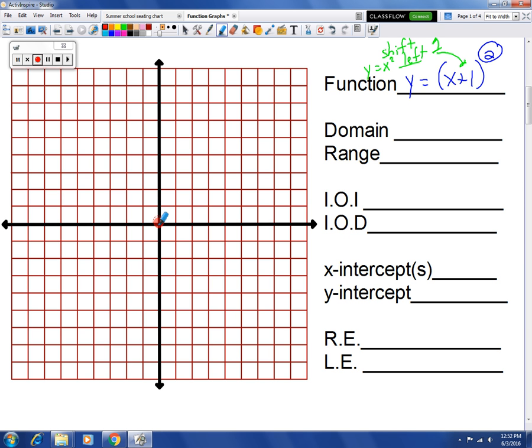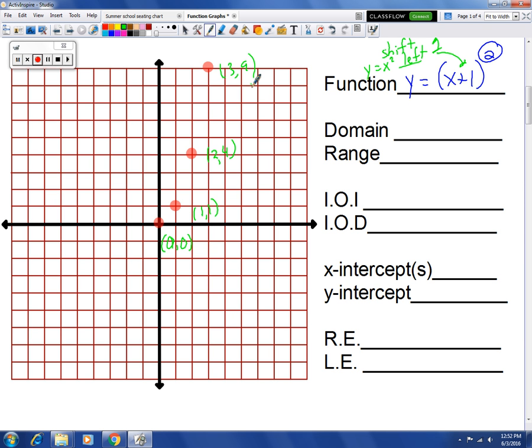Y equals x squared. Here's a point at the origin, then you go right 1, up 1. Alright, go back to the origin, go right 2, up 4. Okay, go back to the origin, go right 3, go up 9. Okay, here are the points: 0, 0, 1, 1, 2, 4, 3, 9.